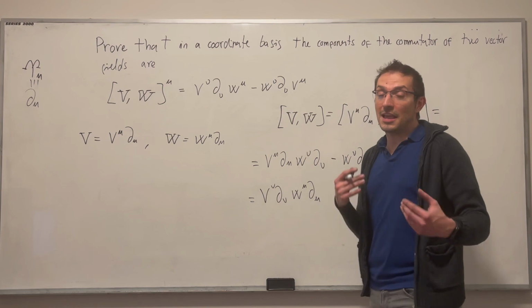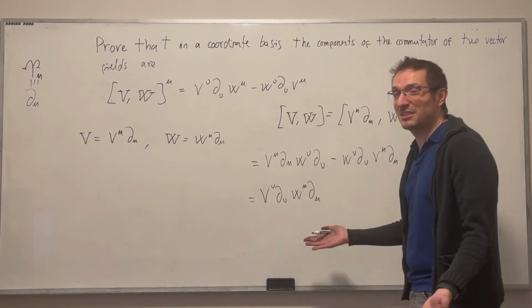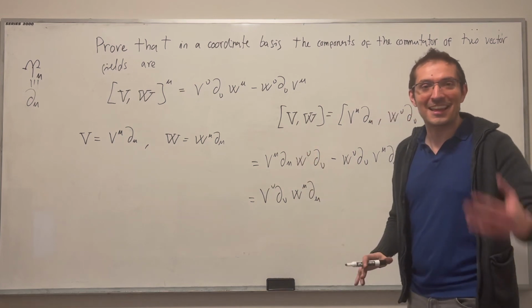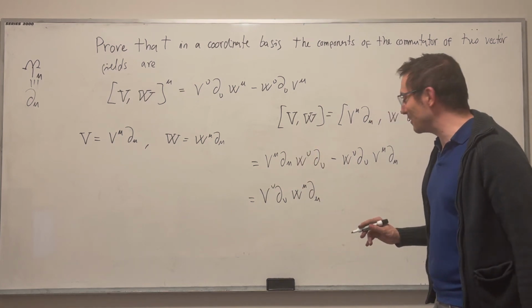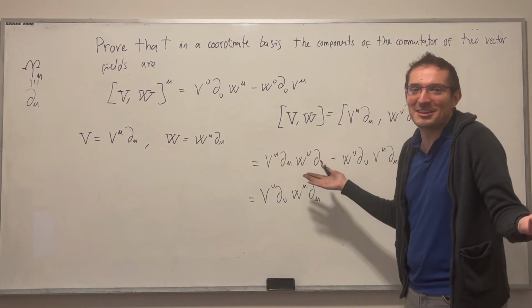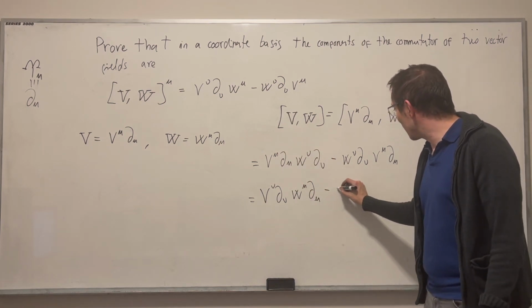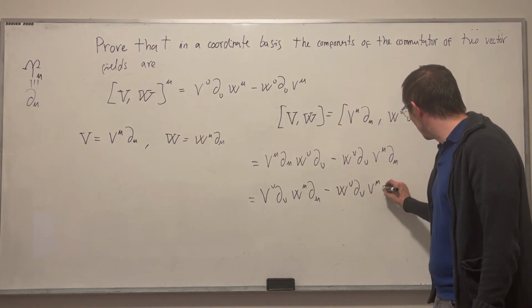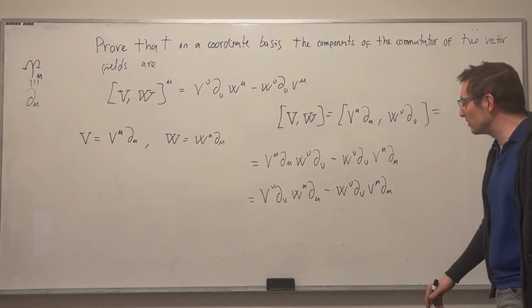The first time people play with these things, they sometimes struggle, so think about it properly. I can do that, and if you don't see it, please discuss it with me. All I did again was change the dummy variables to a different name. And then I write the other term as it was, W^ν ∂_ν (V^μ ∂_μ). What does that mean?